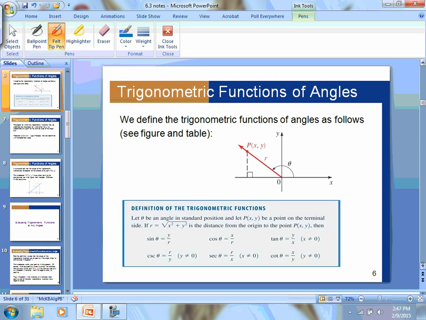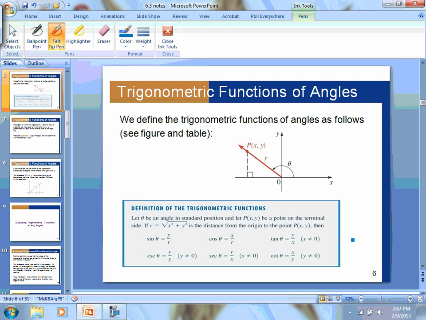Okay, so this table has all of the ratios there with the x's and the y's and the r's, and it's all based on the Pythagorean theorem and the distance formula. Okay, so make reference to this information as well. Remember, sine and cosecant are still inverses, cosine and secant, and then tangent and cotangent, they're still inverses. Okay.